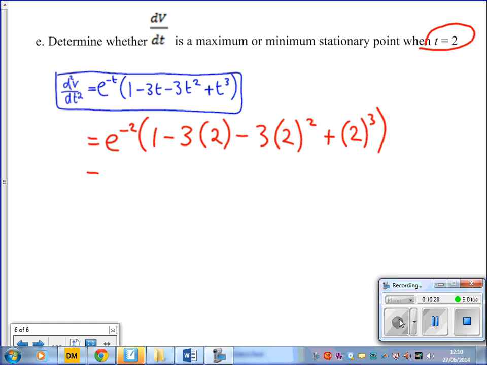Putting this in my calculator, I get an answer of minus 1.218. We're interested in the fact that it's a negative, because a negative value here tells us that we have a maximum point.